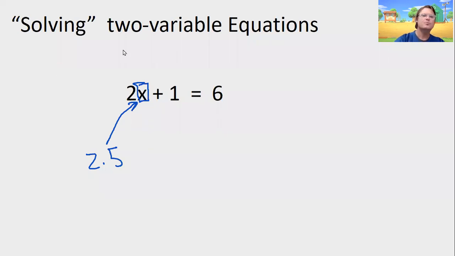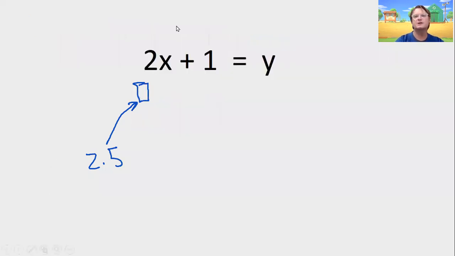All right. Well, let's move over to a two variable equation. Now take a look at it. Obviously, we have a variable here and a variable there. And I'm going to ask you the same thing. What are some values that you can plug in to this equation to make it true?